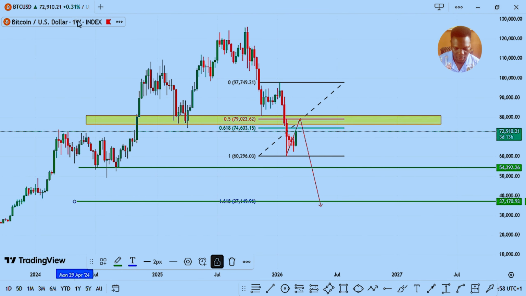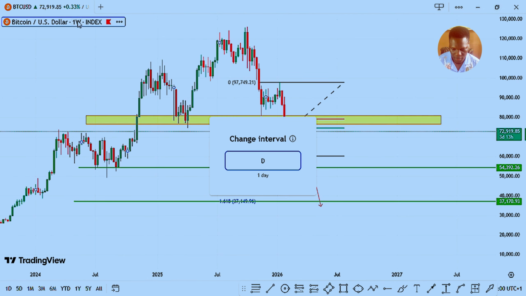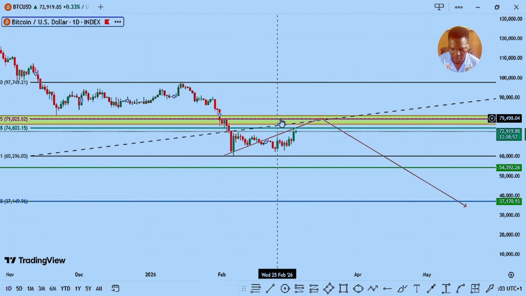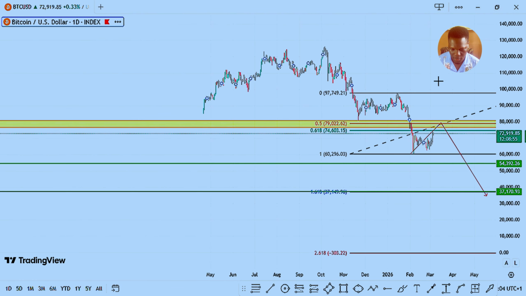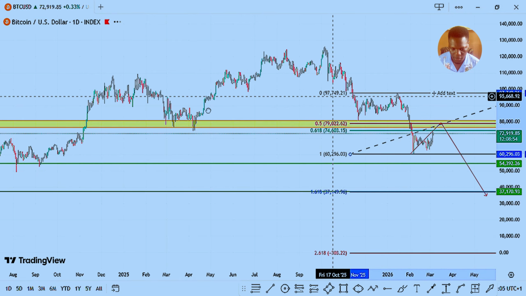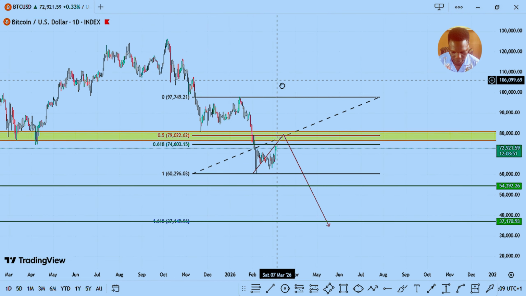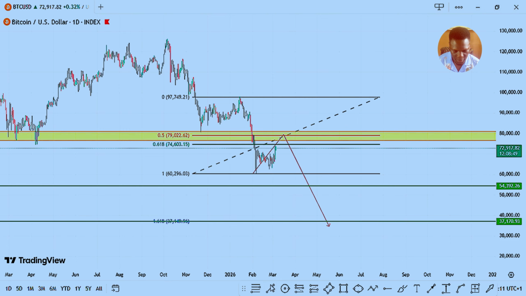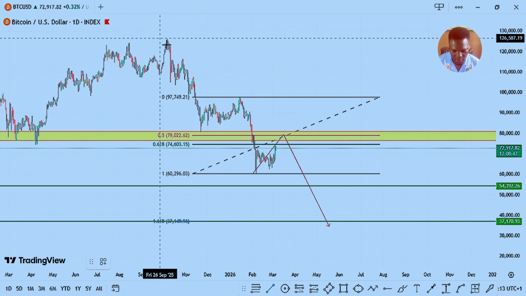But let's check the daily time frame. Let's go on the daily time frame. Let's see if we can plot the trend line at this level.